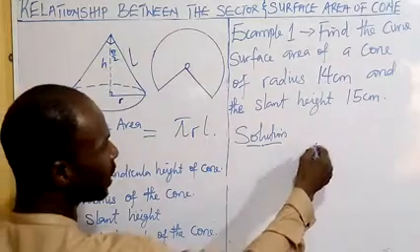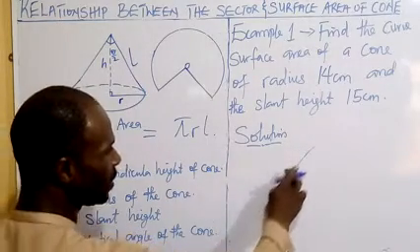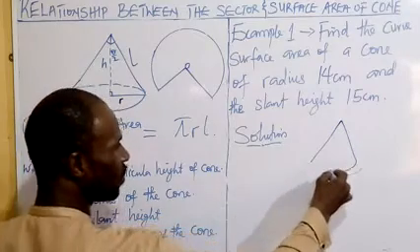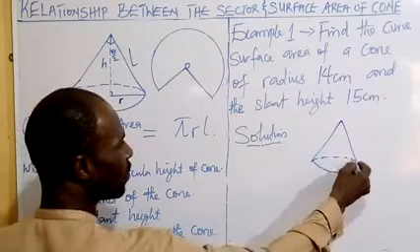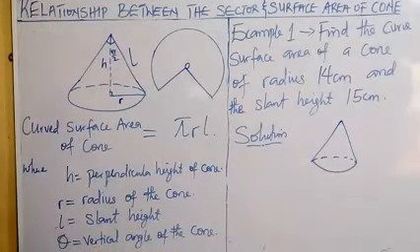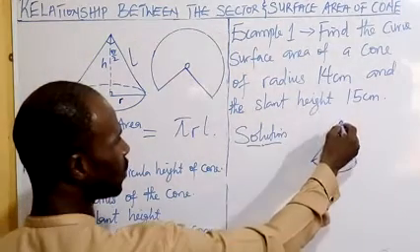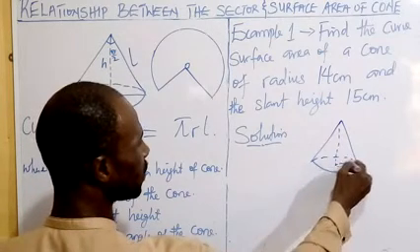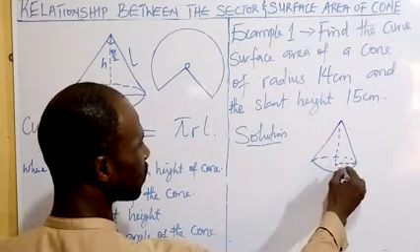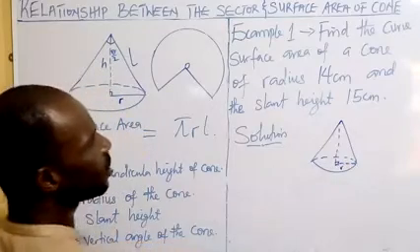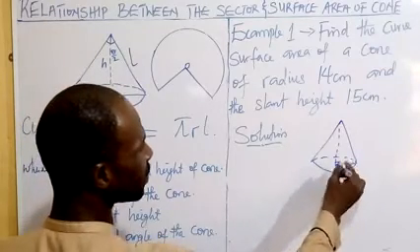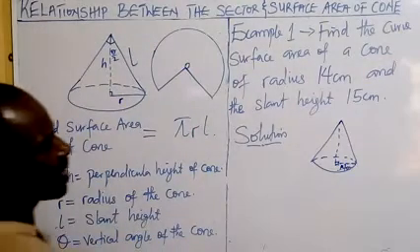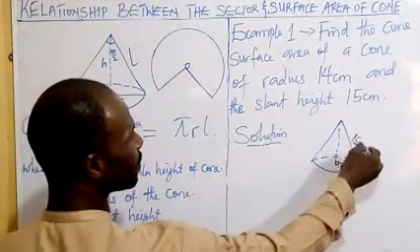We're talking about a cone, which has a radius. Our radius has been given as 14 centimeter, and the slant height is 15 centimeter.